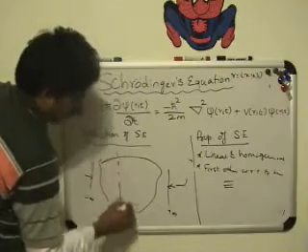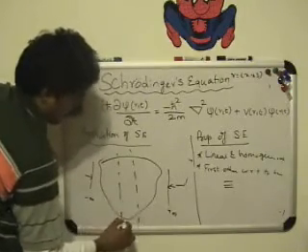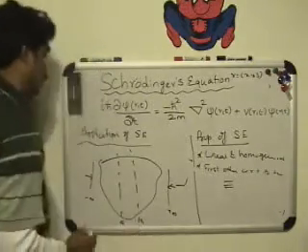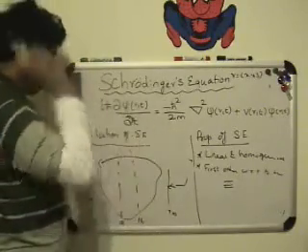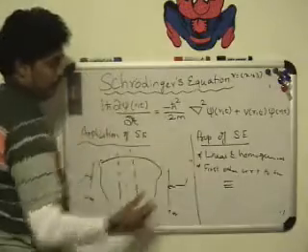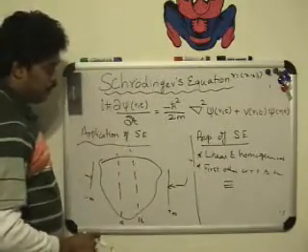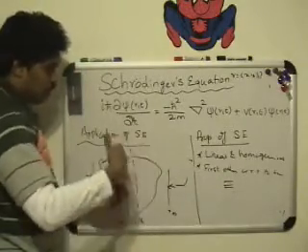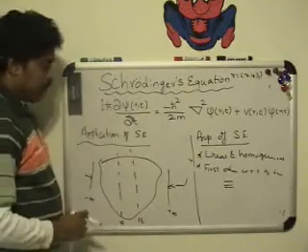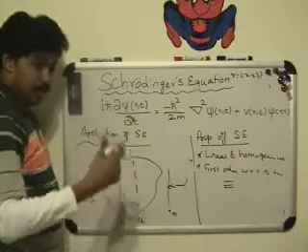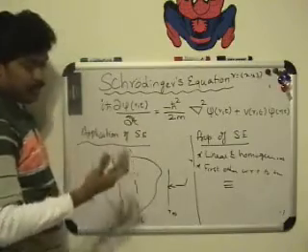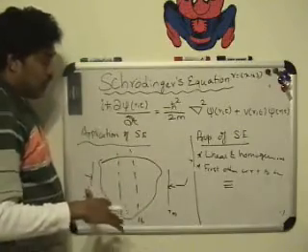So this is A and B. If this is represented by this wave function, as I said in the property of Schrodinger's equation, this wave function describes the state of this system, and we can determine the state of the system if we know the state of the system at time equal to 0.